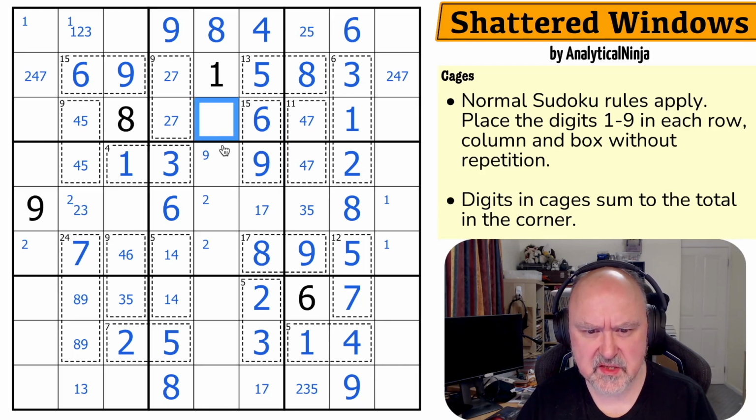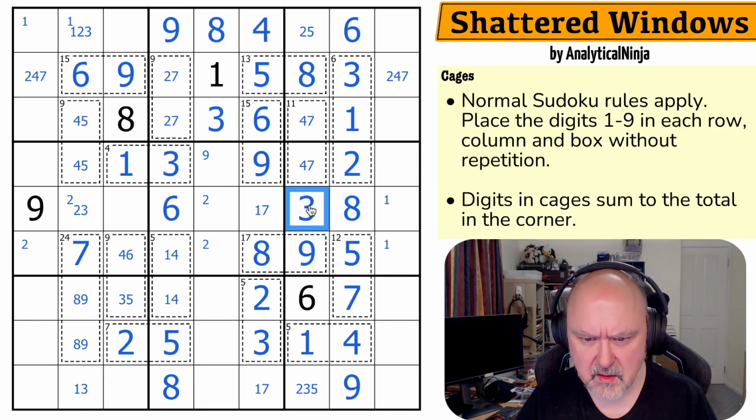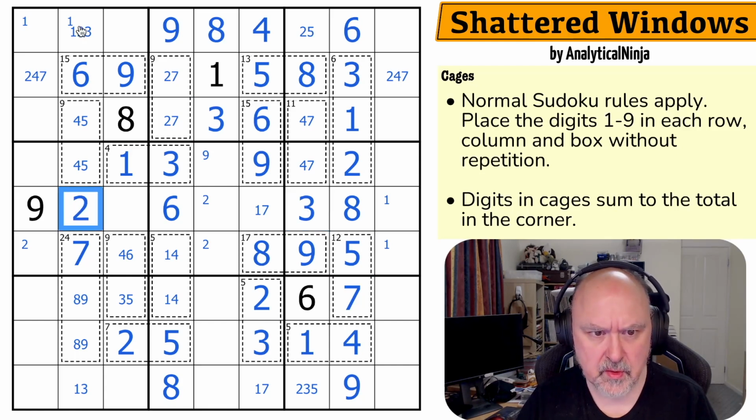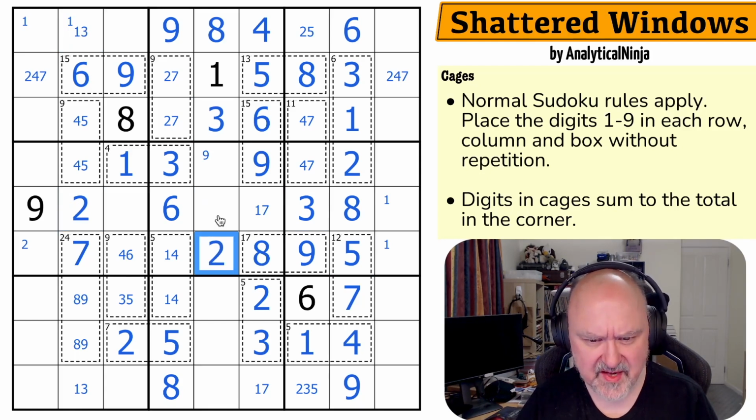So this is a 3. The 5 makes that a 3, which makes that 2, which takes 2 out of there. Makes that not 2, that is 2.